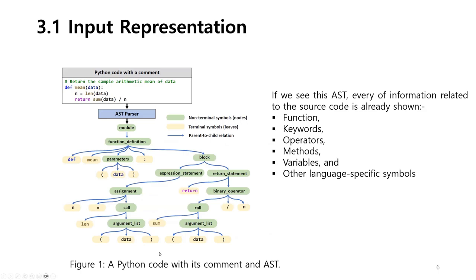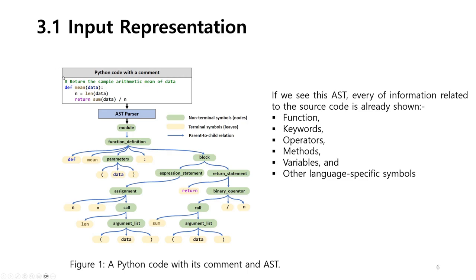When you see the input representation of this UniXcoder model, we begin with this AST tree. We can use any AST parser, but these authors used the tree-sitter AST parser package. So we begin with our module, then we enter the function definition.